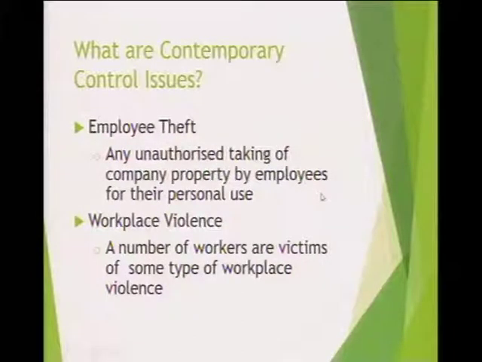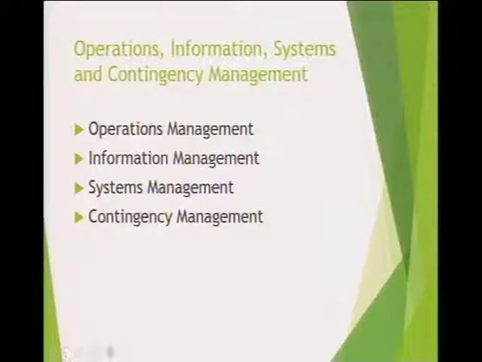Now, what are contemporary issues that we have in organizations? There's employee theft, workplace violence, which we need to look at in organizations. And then there's also the issue of operations, information systems, and contingency management, which we need to take note of in an organization.